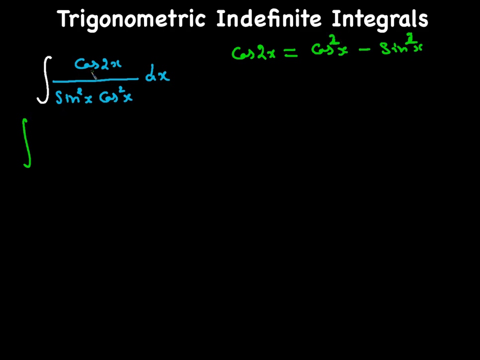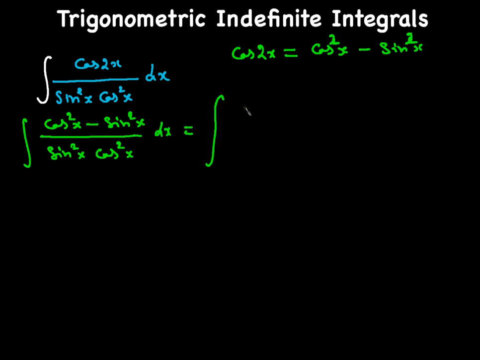Okay, so that means this cos 2x becomes cos square x minus sine square x over sine square x into cosine square x dx. And let's simplify it. So I'm going to break it down.